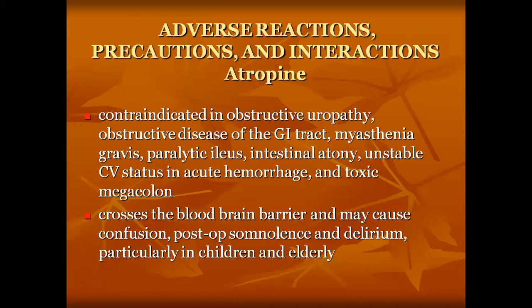Atropine is contraindicated in obstructive uropathy, obstructive airway disease, glaucoma, myasthenia gravis, paralytic ileus, and intestinal atony. It crosses the blood-brain barrier and may cause confusion, post-operative somnolence, and delirium, particularly in children and elderly.